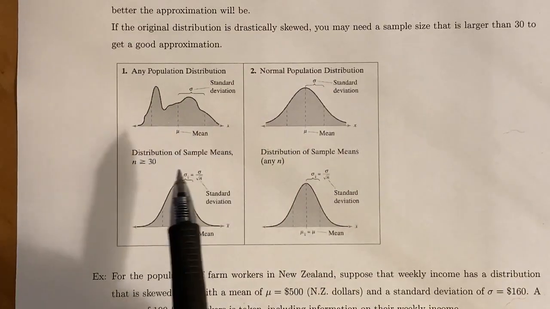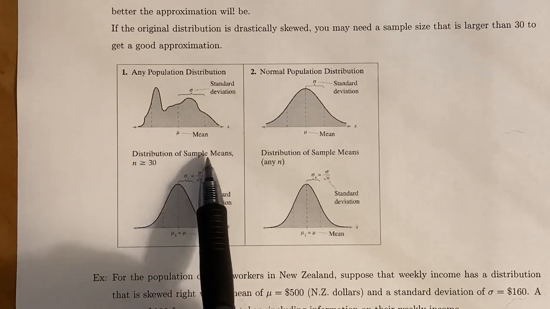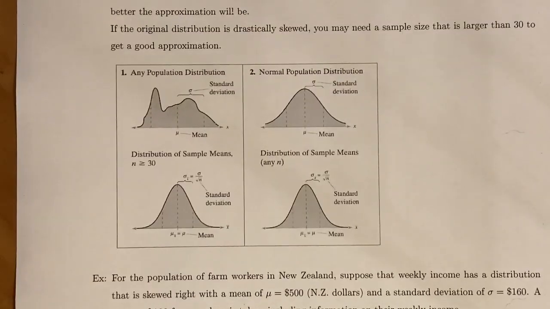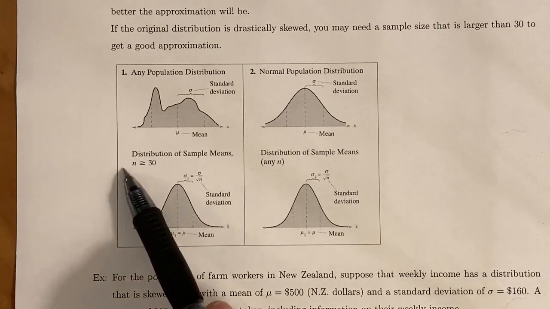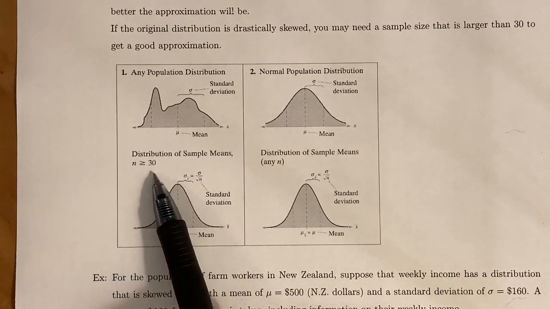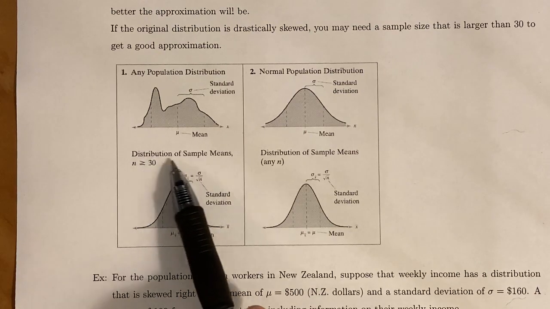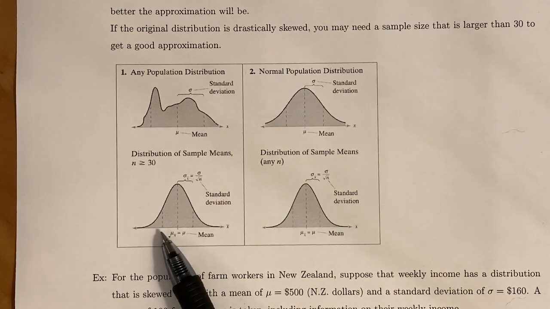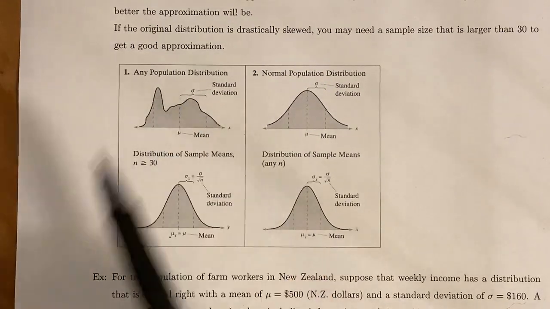But once you take sample sizes greater than or equal to 30, you can look at the distribution of the sample means, and it's going to look like a normal curve. So even though this was not a normal curve, taking sample sizes of at least 30 and creating the sampling distribution of the sample mean will give you a normal distribution, and then we can do everything we did in 5.1 through 5.3 on this new distribution and get information about the old one.